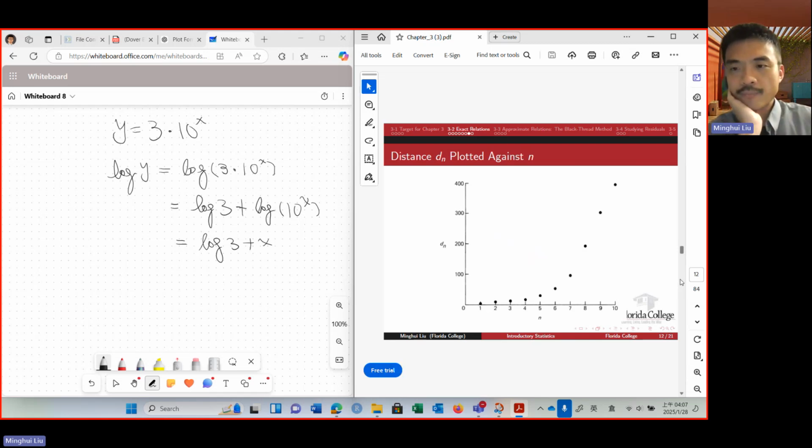When we plot these points, one direct observation is that the points seem to be going up in a curved way. If this is your observation, you probably shouldn't try to fit a straight line to the data, because the pattern does not look linear. Instead, you should try something else.